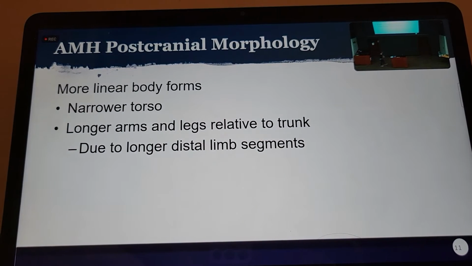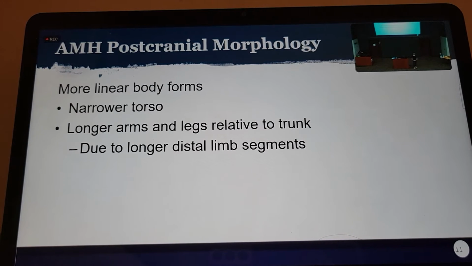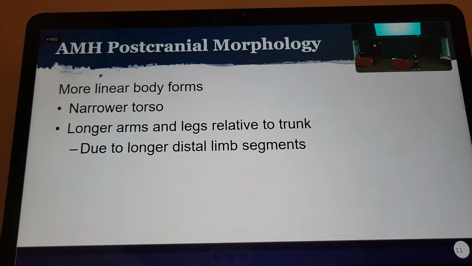Right? Postcranially, anatomically modern humans have more linear body forms, narrower torsos, and longer arms and legs relative to the torso. This is mostly due to longer distal limb segments, so longer forearms, radius and ulna, longer leg, tibia, fibula, and that creates a more linear body form.